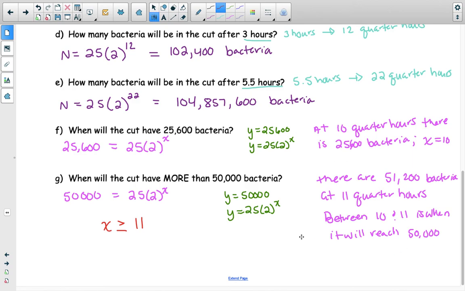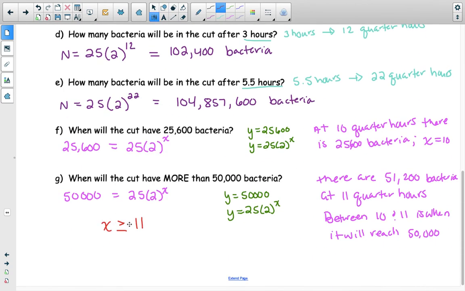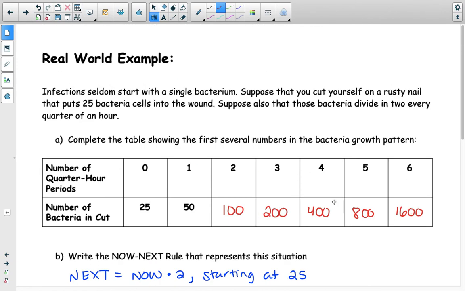This problem was done using a calculator and just looking at the table of values, and we could continue this table of values. I could have just kept multiplying by 2 until I got up to 50,000, and I would have seen that at 11 quarter hours, we would have had 51,200, which is more than 50,000. Just increasing this table, we could have seen what happens with the numbers.